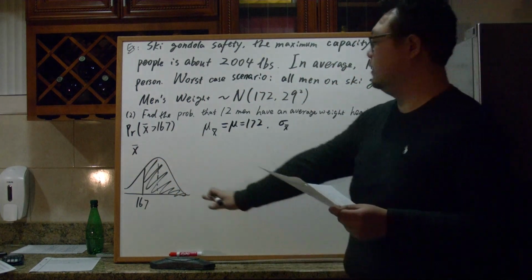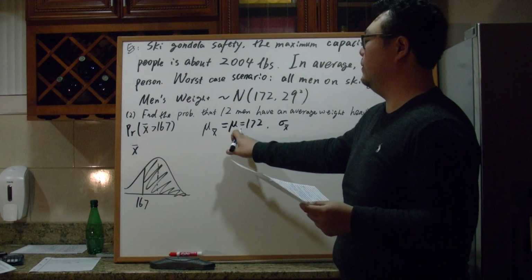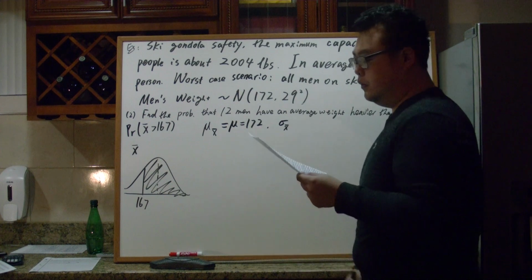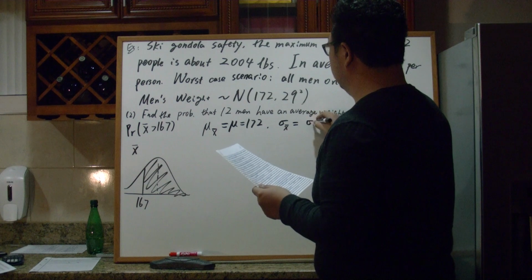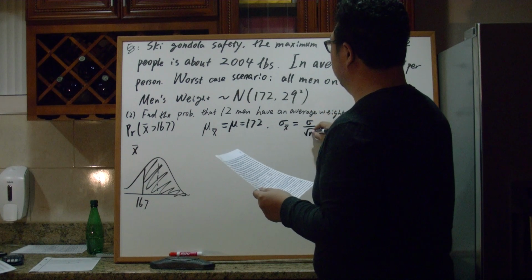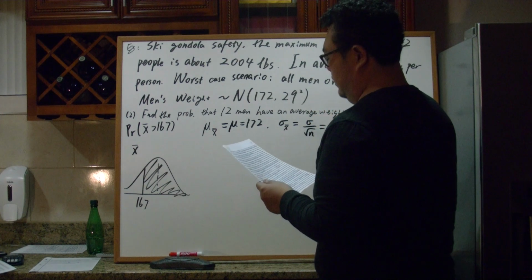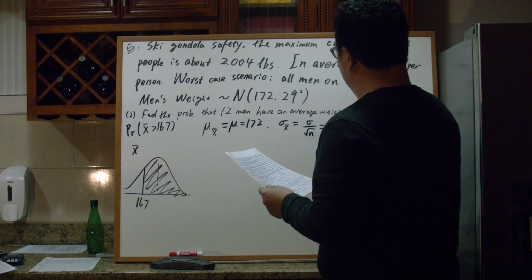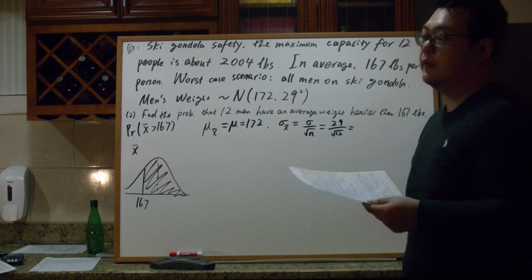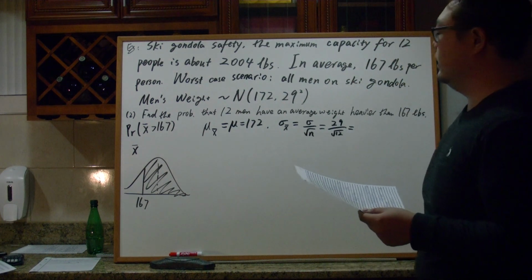From the sampling distribution, the mean of the sample mean is the same as the population mean, 172, and the standard deviation of the sample mean is the original population standard deviation over the radical of n. The more digits we keep, the more accurate the answer.